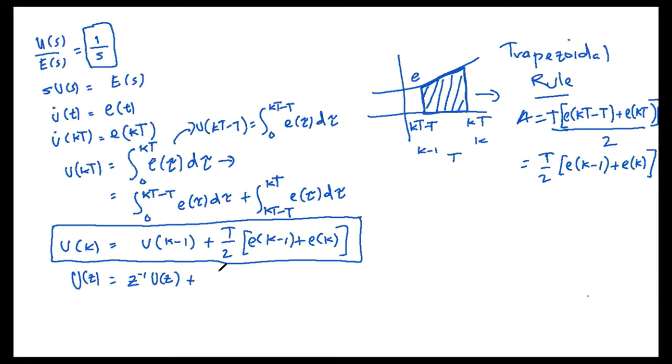So T over 2 z inverse E of z plus T over 2 times E of z.